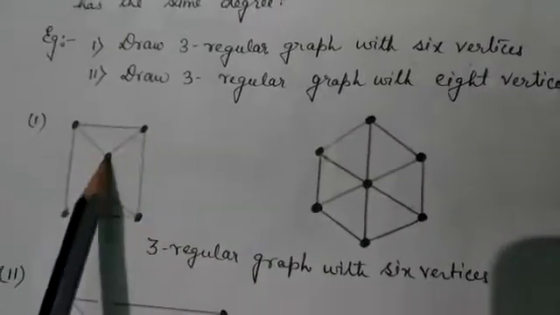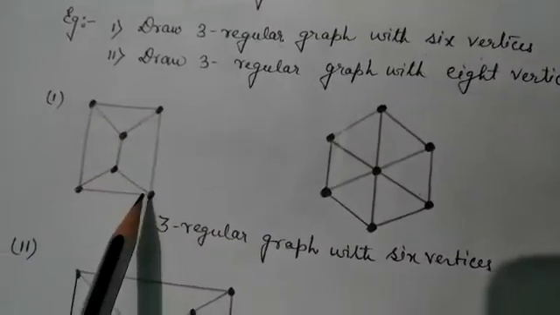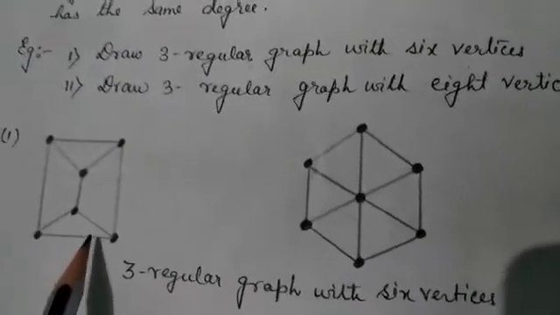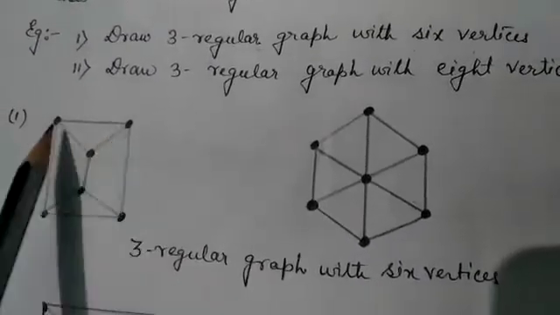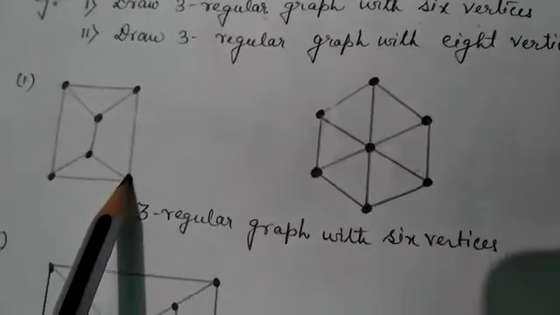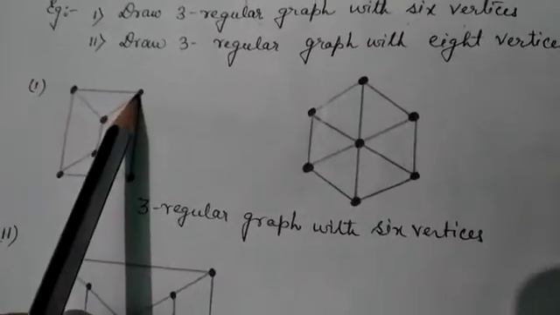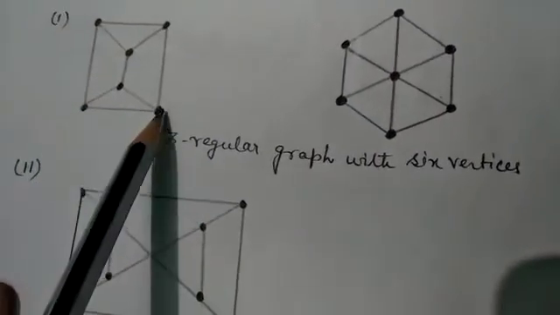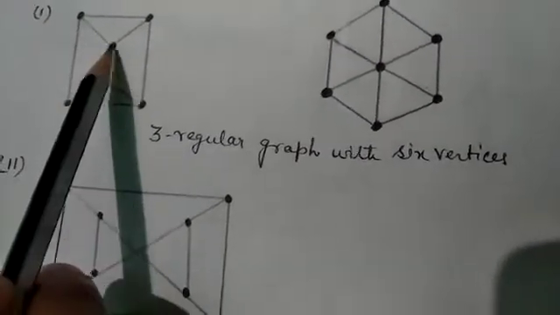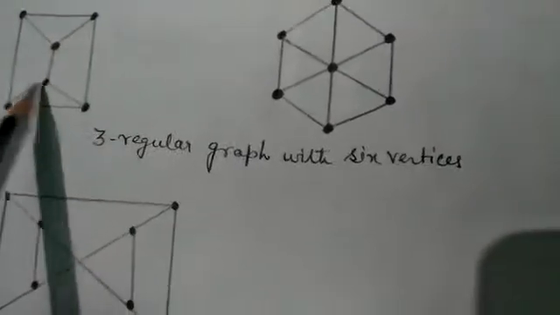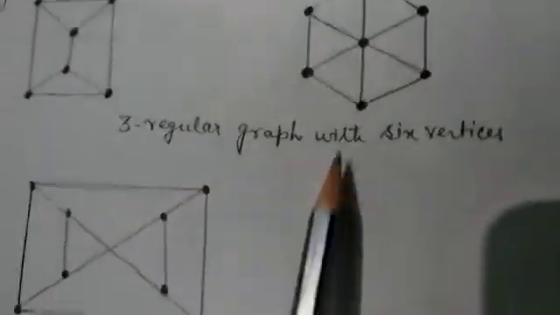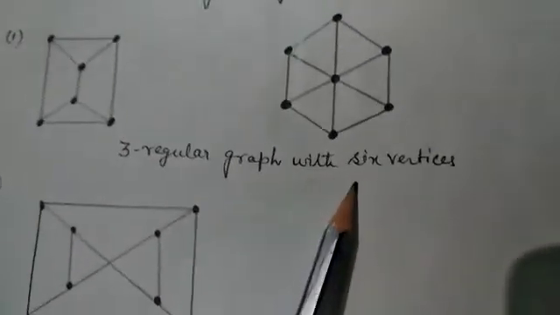You have 1, 2, 3, 4, 5, 6, 6 vertices, and 3 regular means each vertex has degree 3. So this one has degree 3, this is degree 3, this is degree 3, this is degree 3. This also has 1, 2 and 3 degree. This also has 1, 2 and 3 degree. So this is a 3 regular graph with 6 vertices.